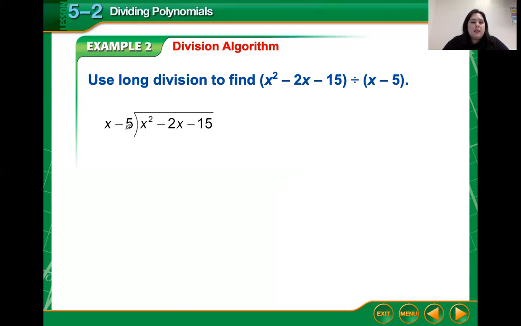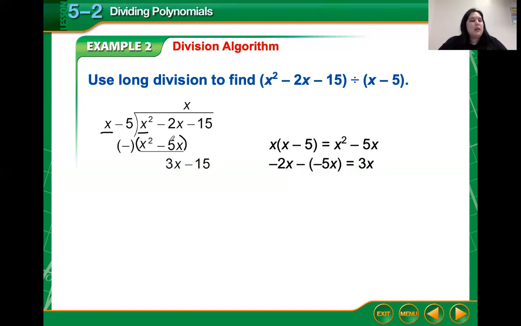We always look at our leading term, the x in this case: what do I need to multiply it by to get the first term here? Well, x times x is x squared, so I'm going to multiply by x and subtract that. The biggest thing to remember is that you are subtracting, so sometimes distributing the negative sign is the best thing to do.